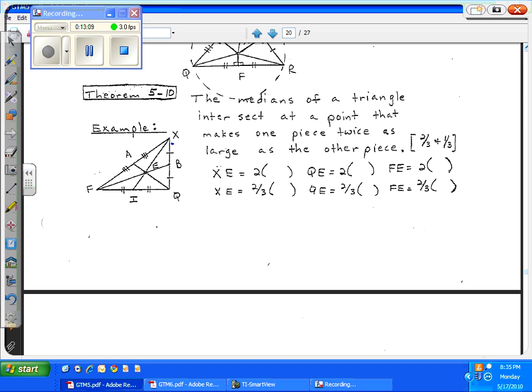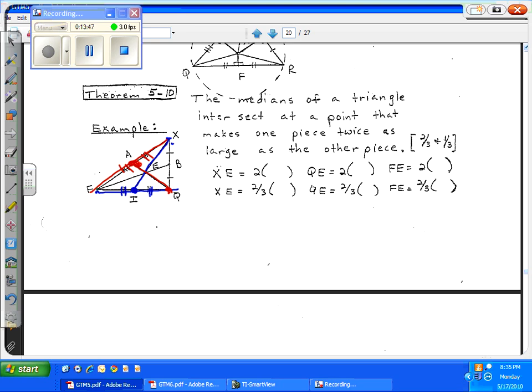If we wanted to draw a median from X to FQ, we would find the midpoint of FQ, and we would draw from the vertex to that midpoint, and that would be that median. If we wanted to draw the median from Q to the opposite side, XF, we would find the midpoint of XF, which is A, and we would draw from the vertex to that midpoint, and that would be the median from Q to FX.